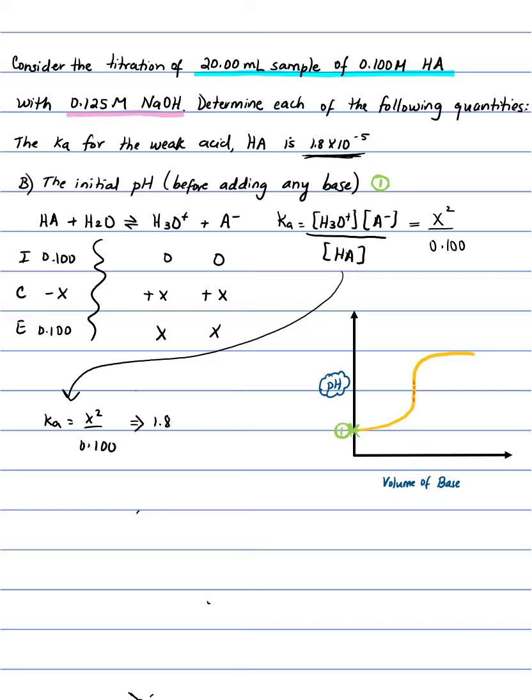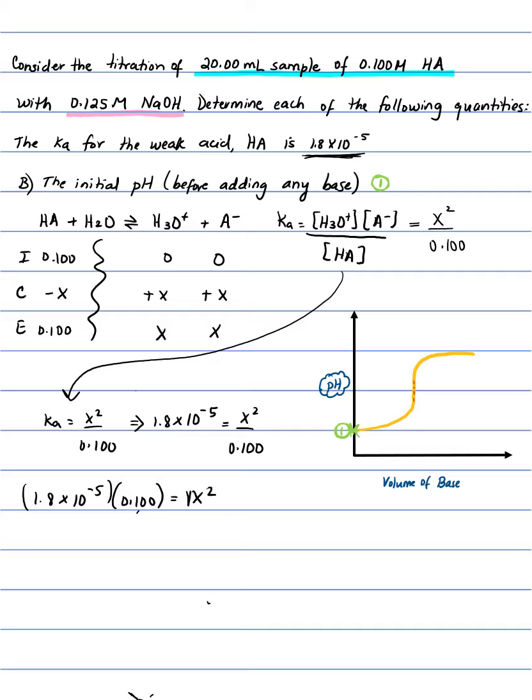Ka is 1.8 times 10 to the minus 5, X squared over 0.100. So now I'm solving for X, so 1.8 times 10 to the minus 5 times 0.100, that will be X squared.